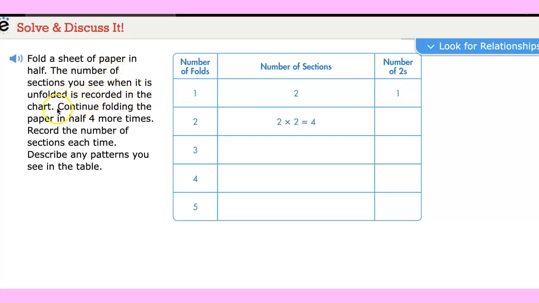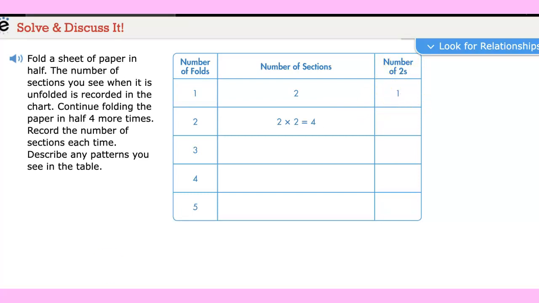We already have the first one. If I fold the paper once, you will get 2 sections. The number of sections is 2, and the number of 2s you could get is 1.